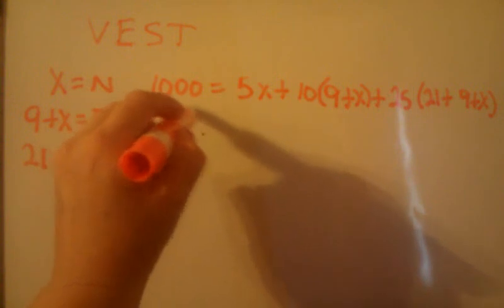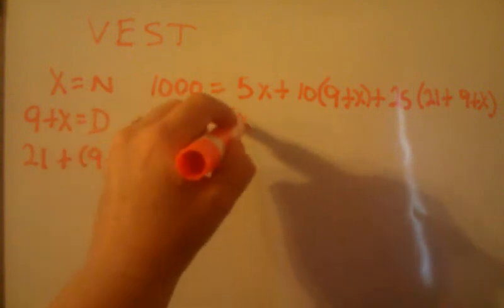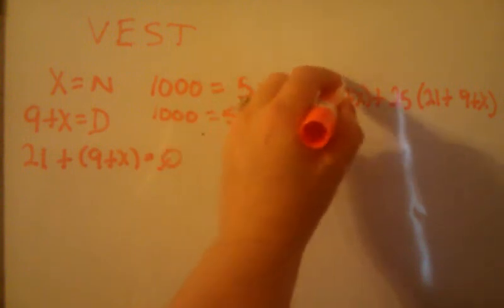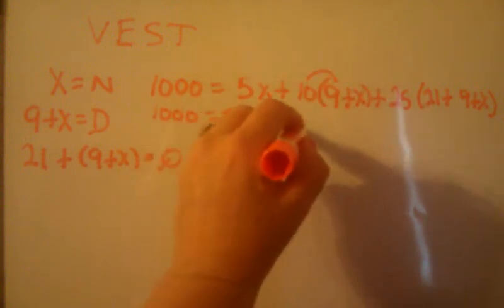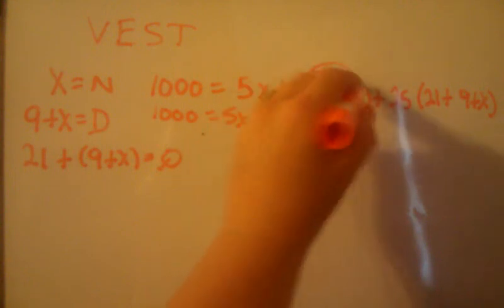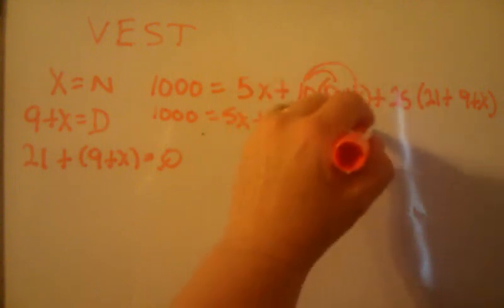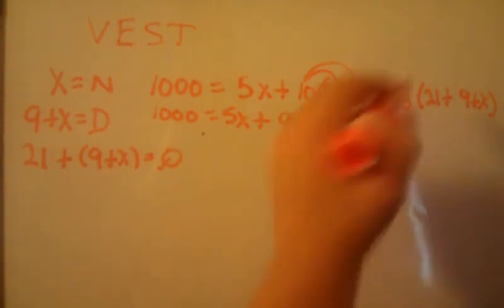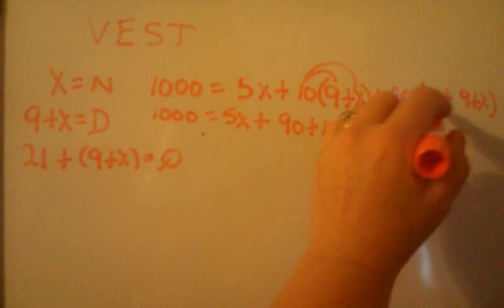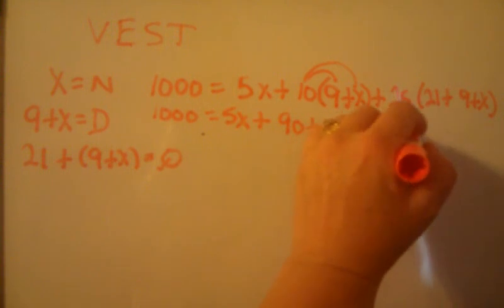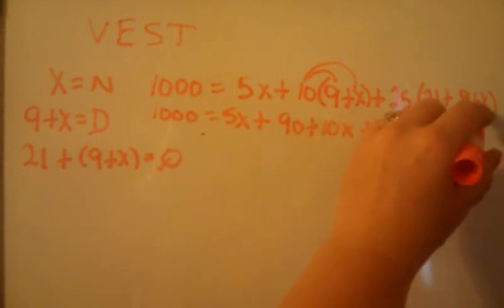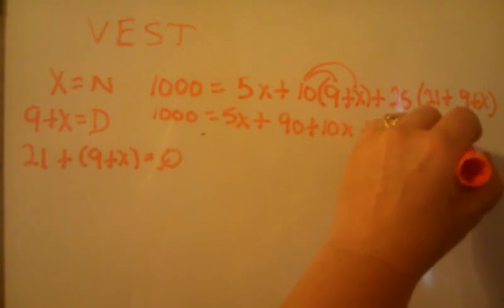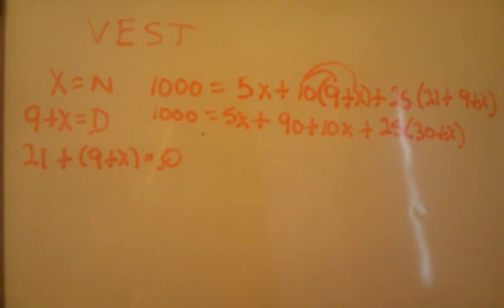1,000 equals 5x plus 10 times 9 is 90 plus 10x plus, okay, I can simplify this. 25 times 21 plus 9 is 30 plus x. Now I can get rid of the parentheses over here.